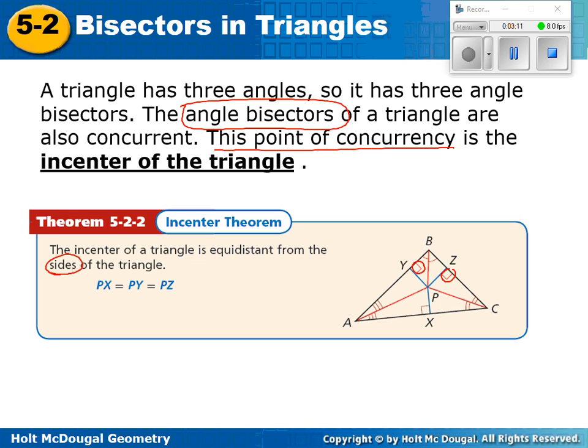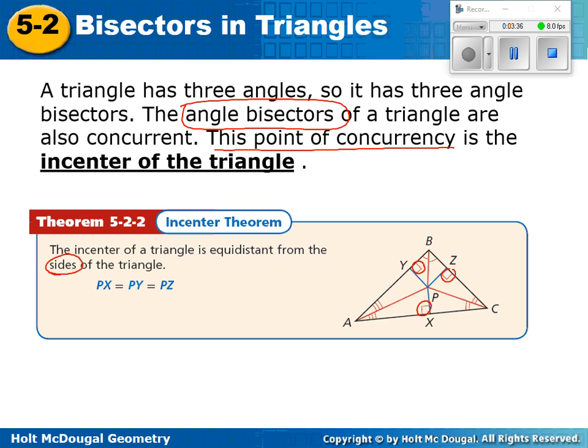So notice these little right angles. We talked about this on Friday. You don't measure the distance of something diagonally. You measure it perpendicularly. So when I say that the in-center is equidistant to the sides, when I draw that distance, I have to make sure it's forming a right angle. So from here, perpendicular to each side, those distances would all be the same.